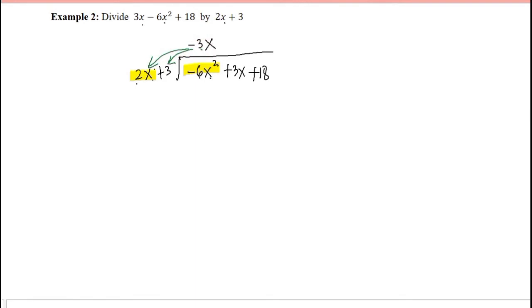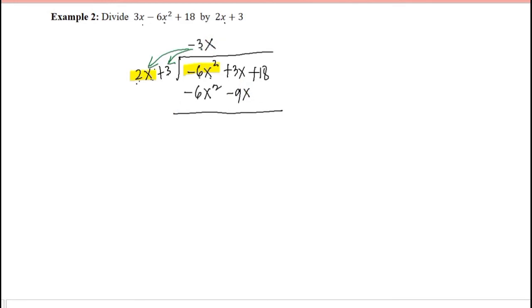So we would have negative 3 times 2 is negative 6. X times x is x squared. Then negative 3 times 3 is negative 9. Of course, that's x. So the next thing that we are going to do is to change the sign.